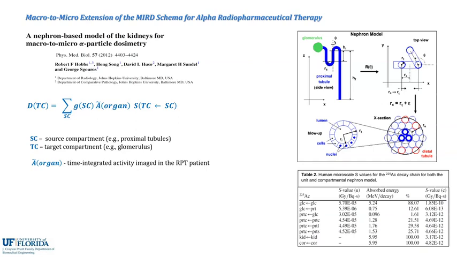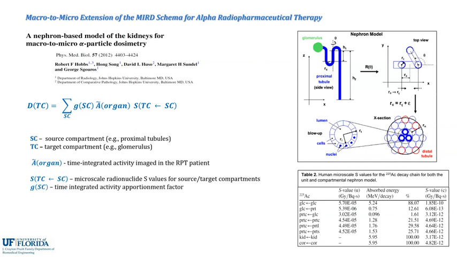That's the time integrated activity that is measured in the RPT patient, essentially imaging the radiopharmaceutical activity in the kidney as a whole. You then need S values down at the level of the nephron. So we call these microscale S values, and they're computed using the geometric models shown here on the right.